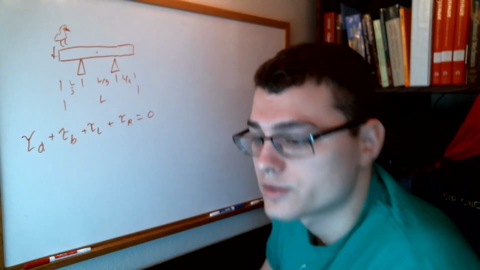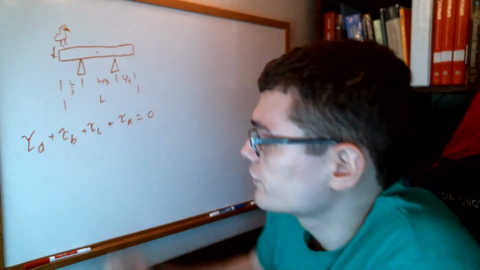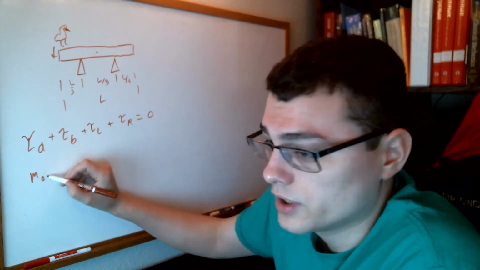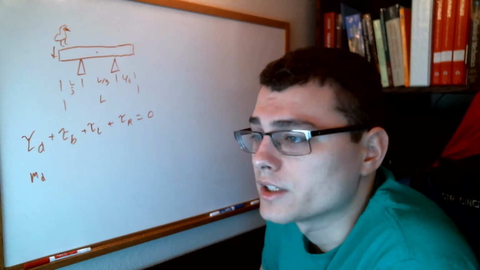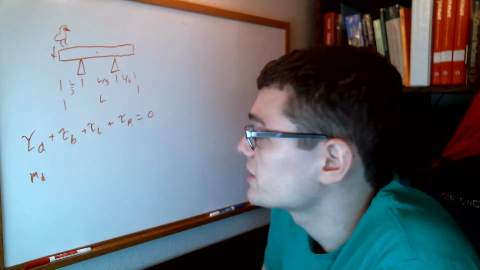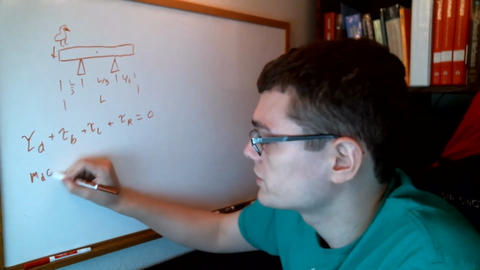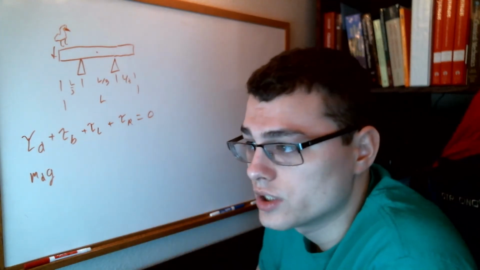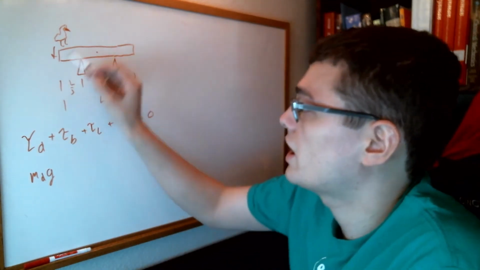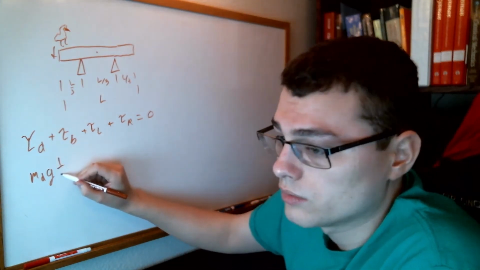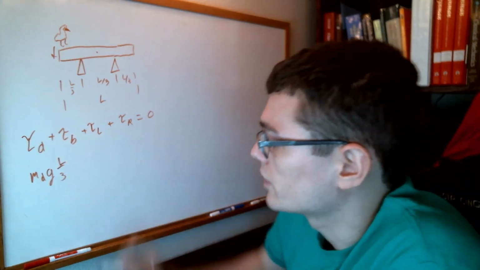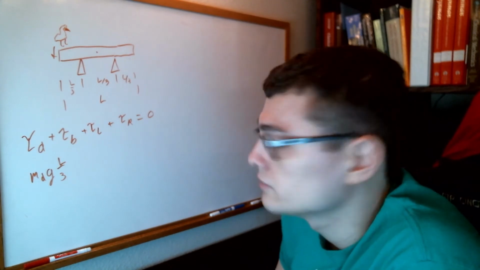So this first one is going to be MD for the duct, right? Oh yeah, and it has the mass of the beam too. And then this is going to be the force G, and then the torque is going to be how far the duct is from the beam, which is going to be L over 3, not 1/3, but L over 3.